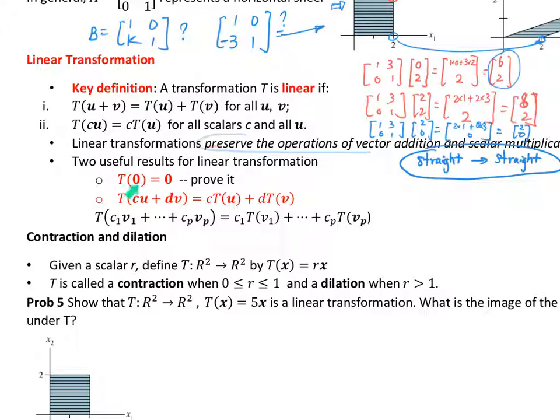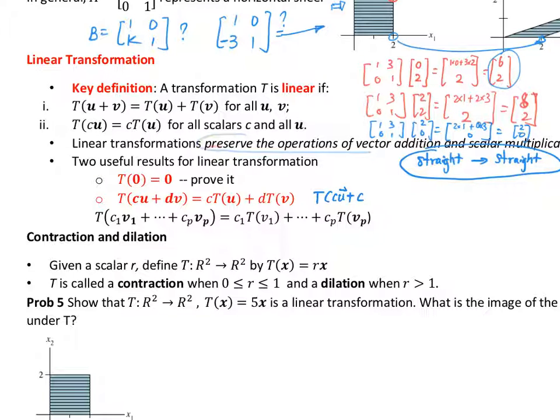Two useful results for the linear transformation. The first one is T of 0 is equal to 0, which means the origin after the linear transformation is still the origin. This one is just a combination of these two properties together, and it can be proved pretty easily.